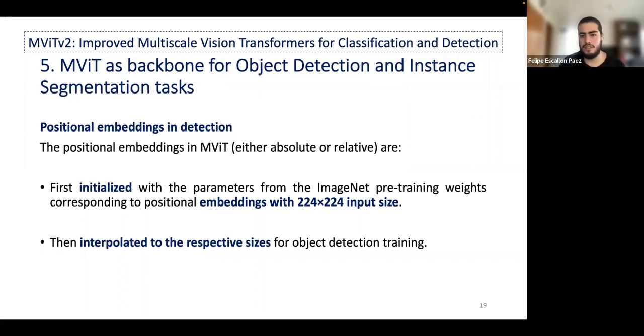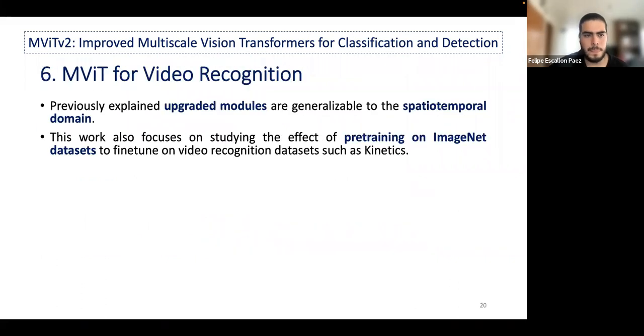So we know that in ImageNet we seek to classify, so the size does not have to be changed. In this case, they are seeking object detection, but to initialize a pre-trained model, they use the original one and then interpolate it to the size of the object detection they are seeking.